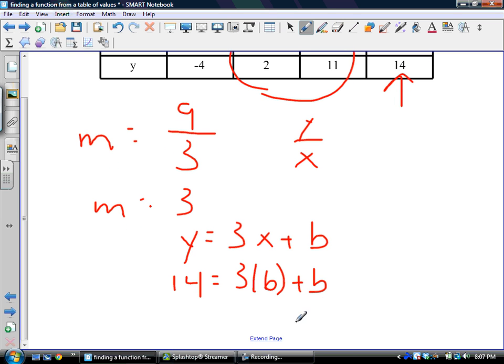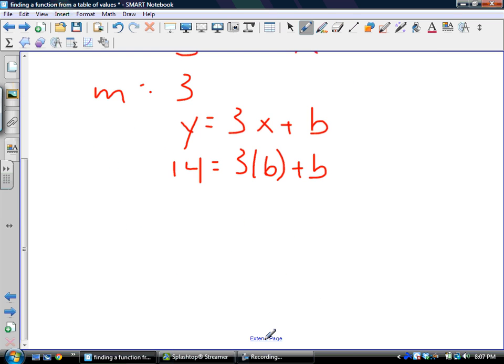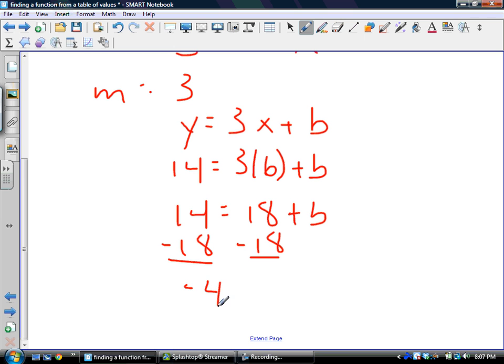Now, we all know that 3 times 6 is 18. So my equation is now 14 equals 18 plus b. So if I subtract 18, I will get negative 4 for b. So obviously, I was at 18, I had to get it down to 14, I'd have to have a negative because I'm going down.